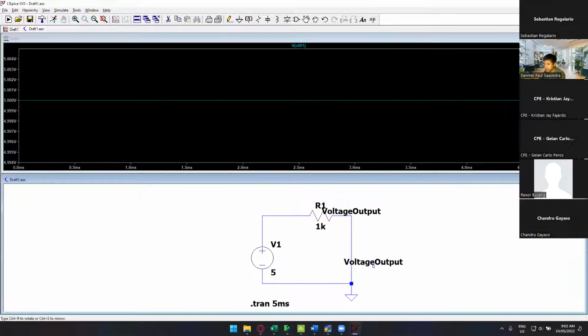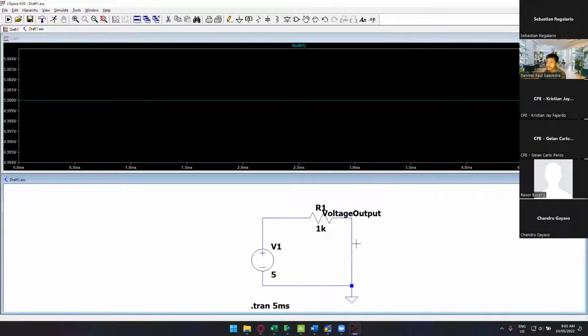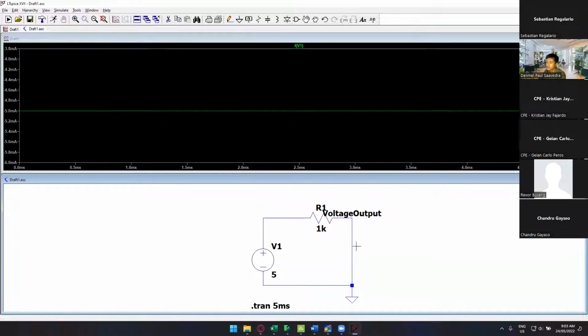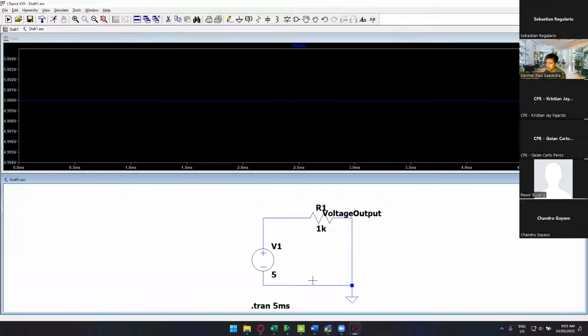Okay, this is put right there, and then you can measure that one. Let's run it again. Why doesn't it work? At this point, we can measure the voltage output.